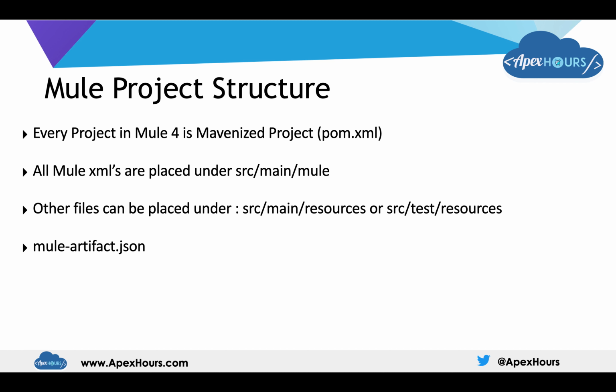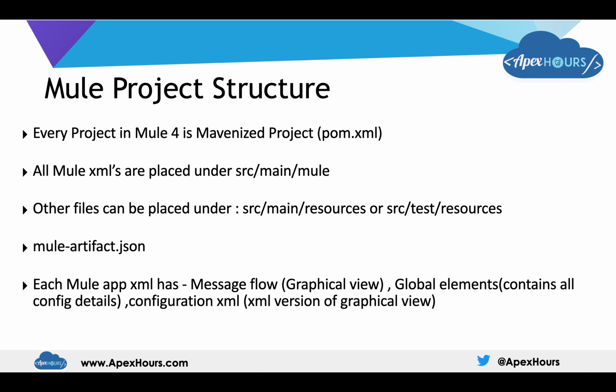These three are mandatory to get started or to deploy any application. Each Mule application XML has a message flow, which looks like a graphical view, global elements, which contain all configuration details, and configuration XML, which is the XML version of the graphical view.